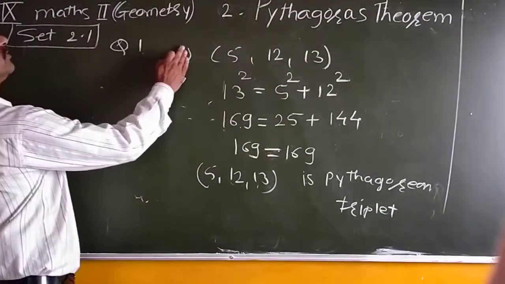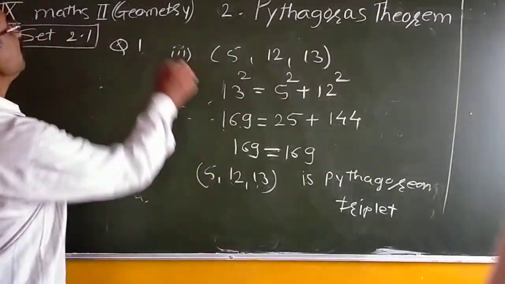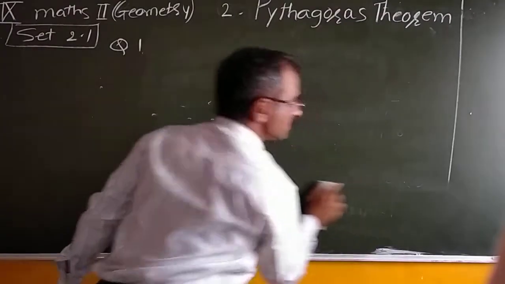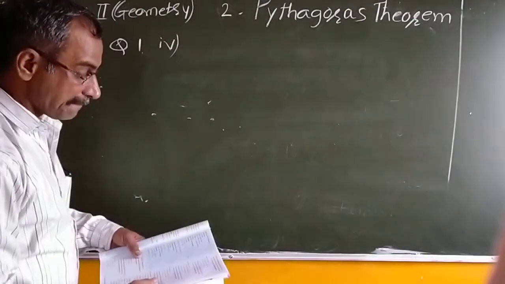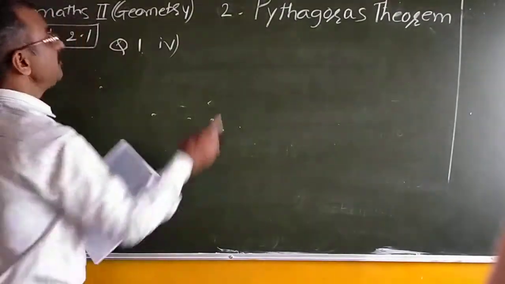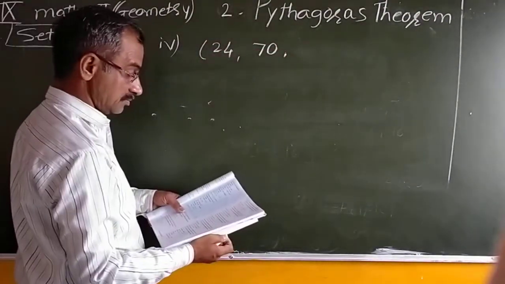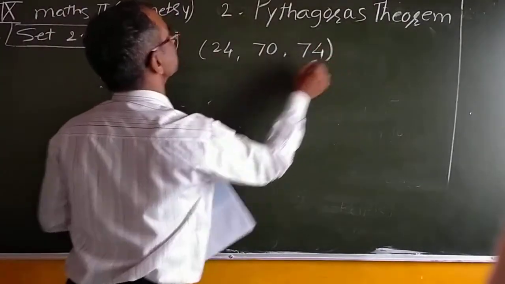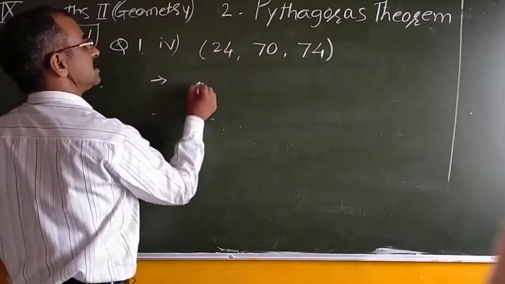Then the fourth one: 24, 70 and 74. Which is the highest number from these three? 74.